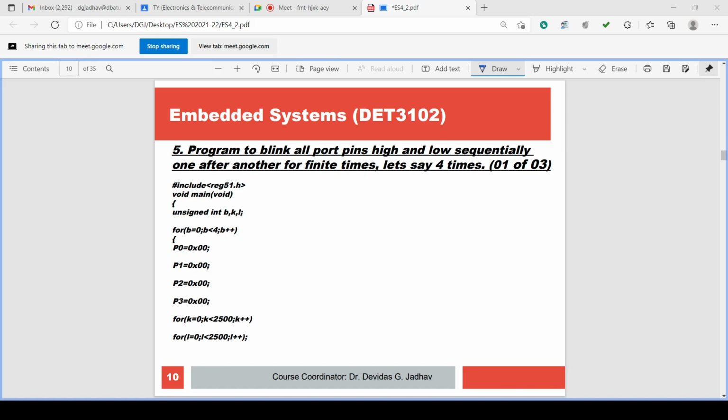This program is very much the same as the previous one.